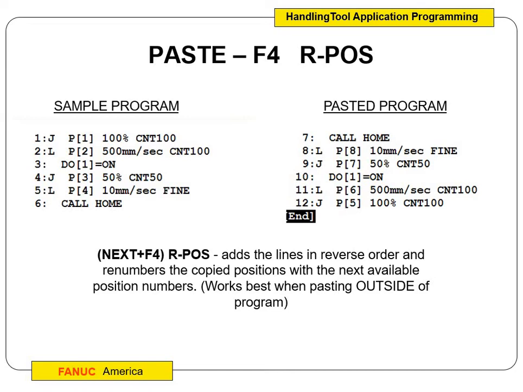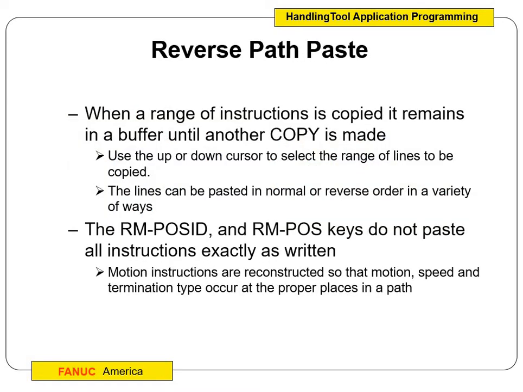So remember, line 1 and line 12 are the same, but instead of calling position 1 in line 12, we're going to call it position 5, the next available. So it'll give it 5, 6, 7, and 8. So we're just changing the position IDs to the next possible positions. Okay, so very, very important. So we can do reverse path pasting. It makes it very, very easy for you guys.